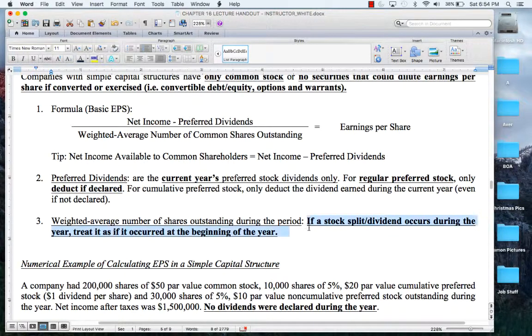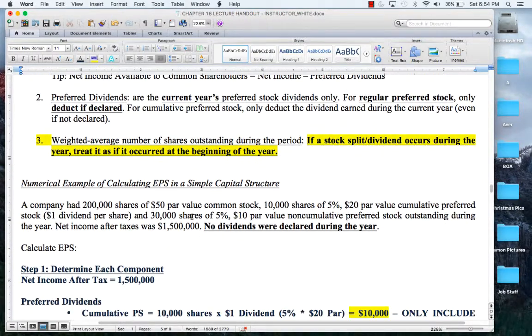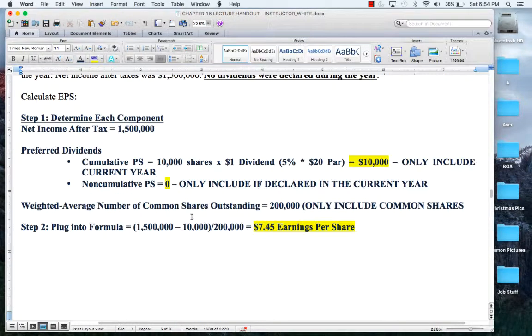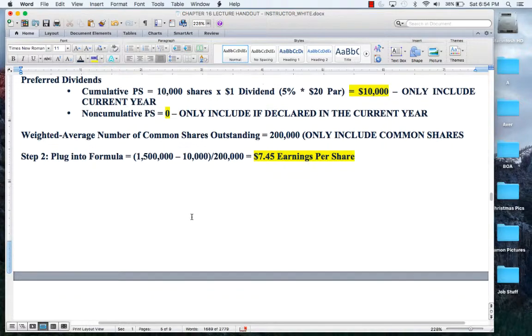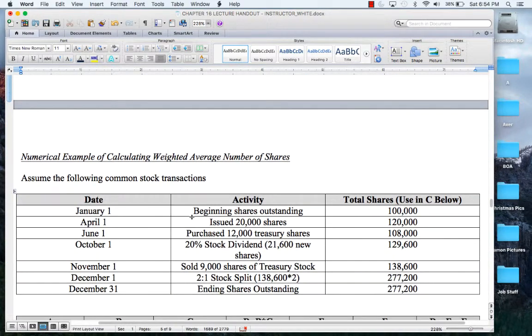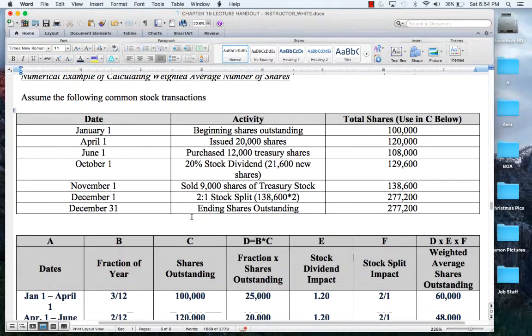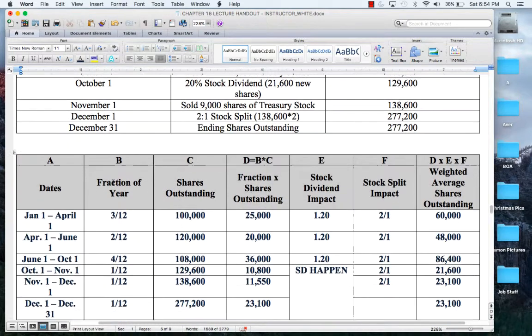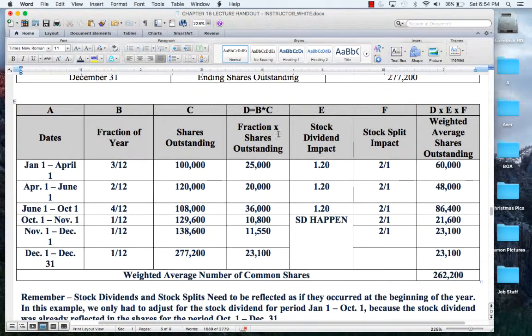Remember that if a stock split or dividend occurs, you need to reflect it as if it occurred at the beginning of the year when doing the weighted average number of shares outstanding during the period. When calculating the weighted average number of shares, make sure that you are taking into account the stock dividend and the stock splits. Use this type of table to your advantage, as I will even put these headers in there for you.